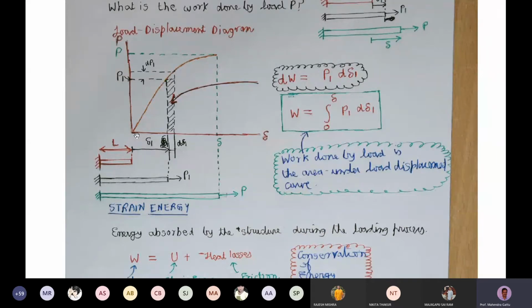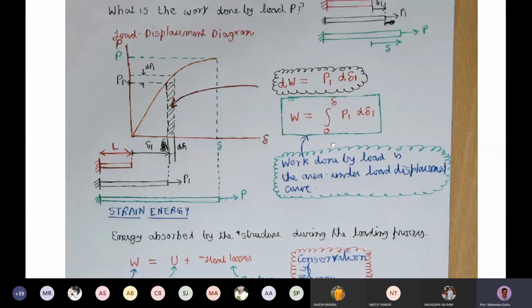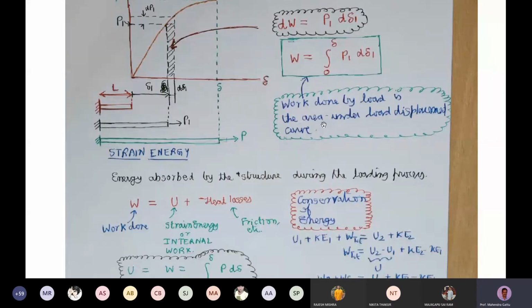As the body moves from here to here, the entire area is covered. So the area under the load displacement curve gives the work done by the force.